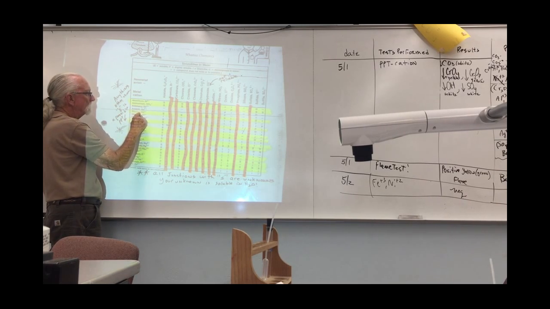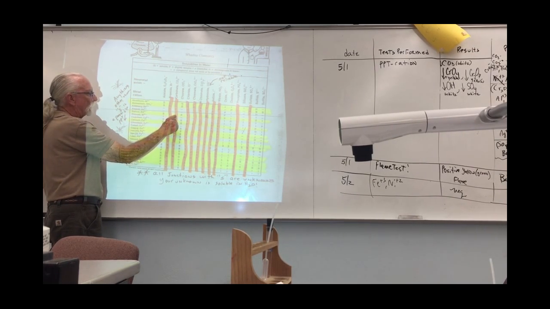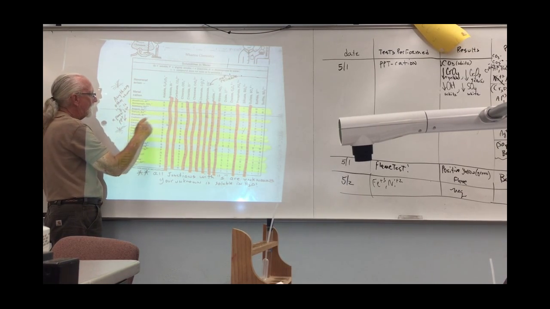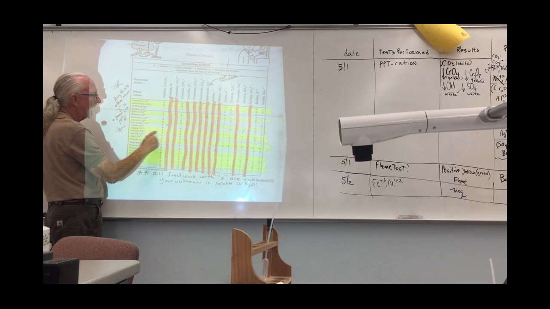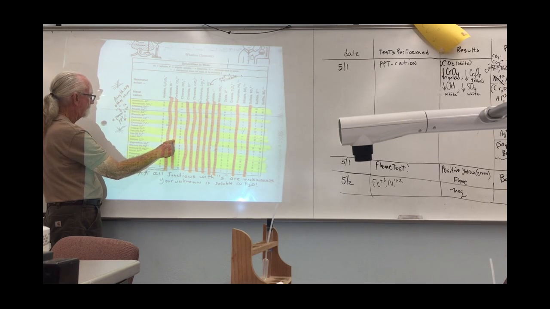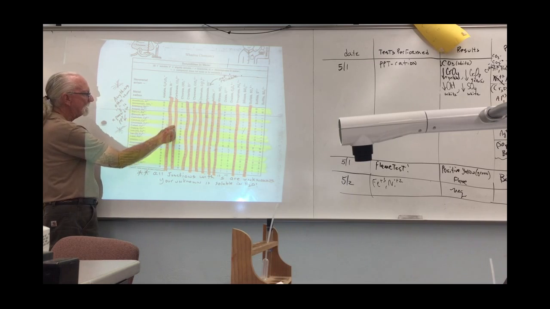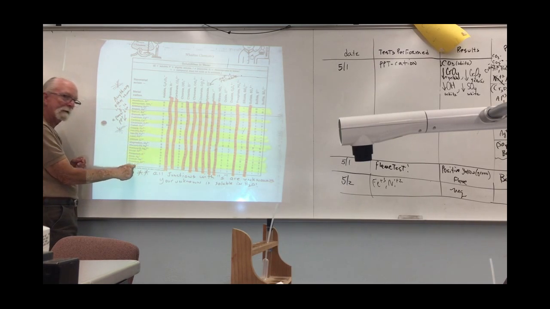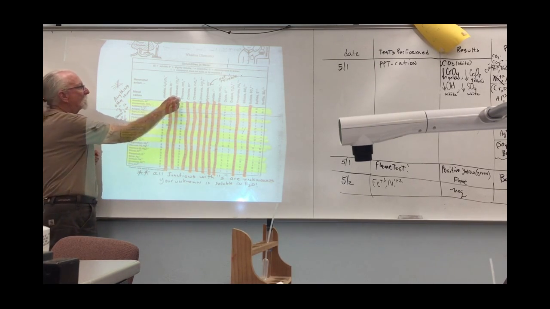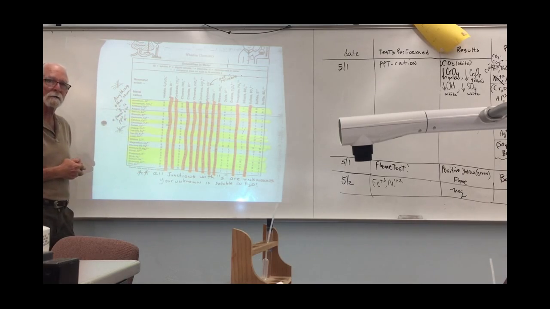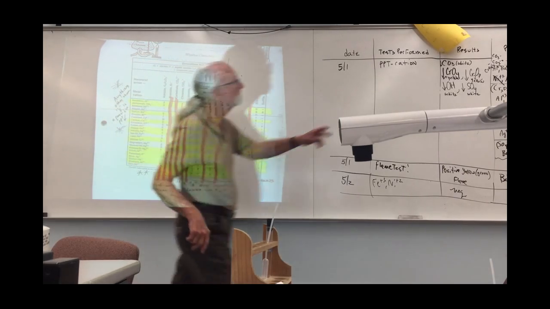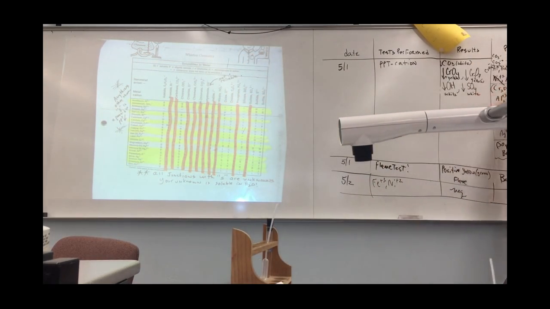No. Is it possible for my unknown to be barium? Yes, it's an I. Calcium, I. Copper, I. Iron 3, dash. Lead, I. Lithium, P. So I write down all of these that have something other than an S. And here they are. Right there.